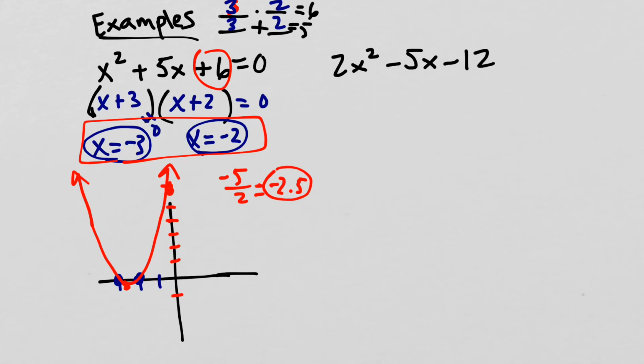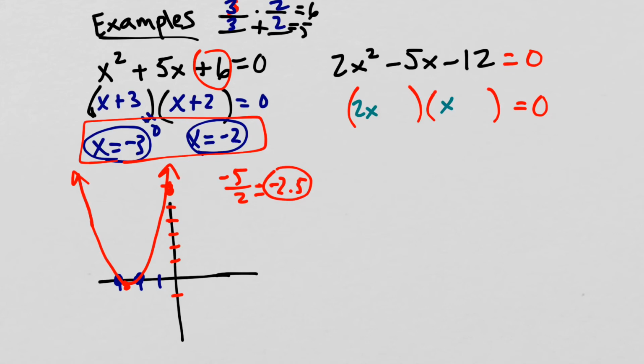The next example, set equal to 0. If we're going through the solving process, this time you're just going to use the guess and check method. To multiply to get 2x squared, it has to be a 2x and an x. Now we have to think about values that multiply to be 12. So 1 times 12 probably is not going to work to make a 5 in the middle when we check the outer and inner.